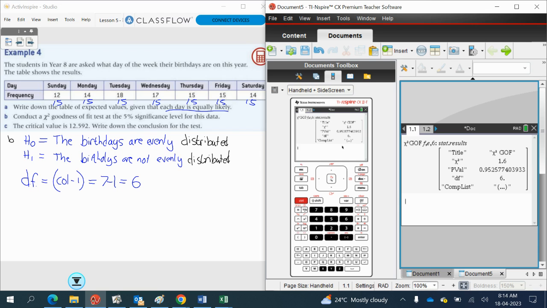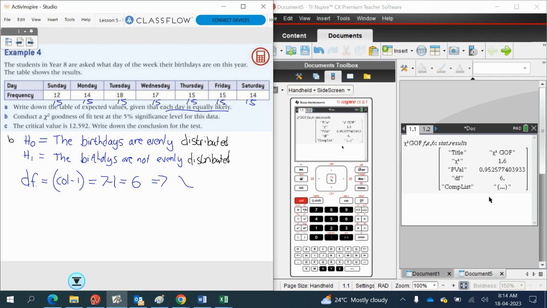This gives us a chi-squared calc value equal to 1.6.